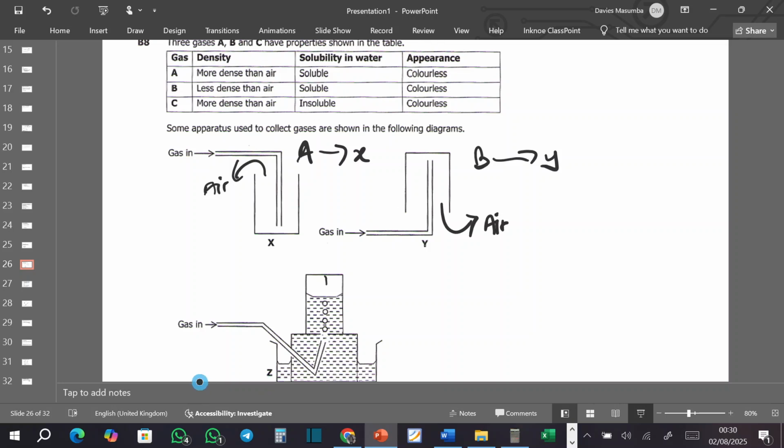Then it will start pushing the air down and the water will come down. So C is for Z.